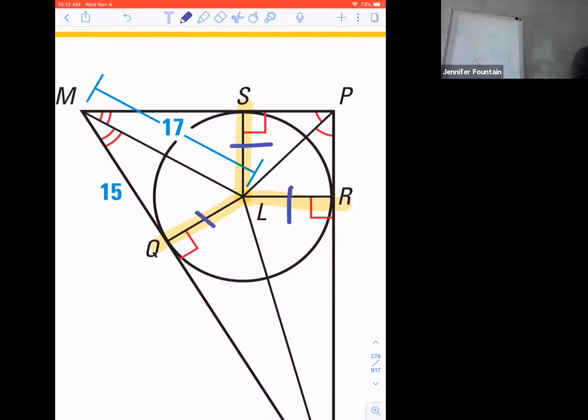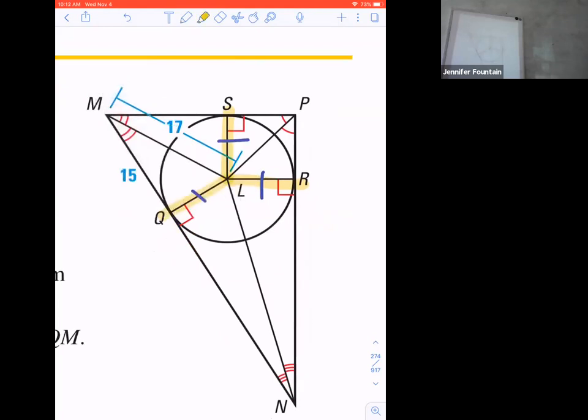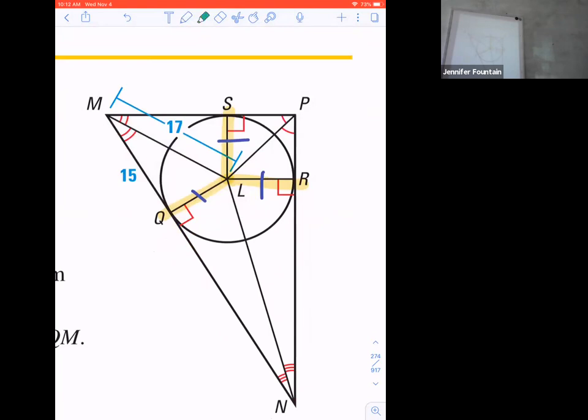Okay, now it says find LQ and LR. So let's look at this. Let's look and see LQ. I need to find that measure there, and I need to find LR.